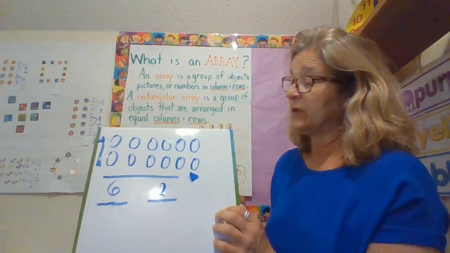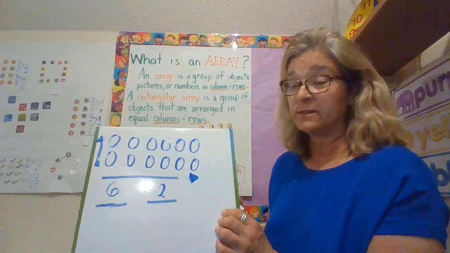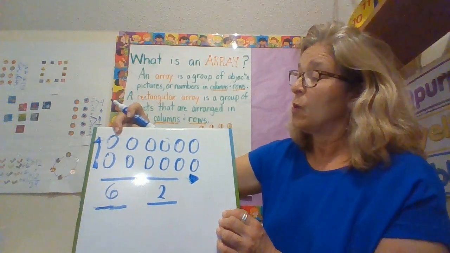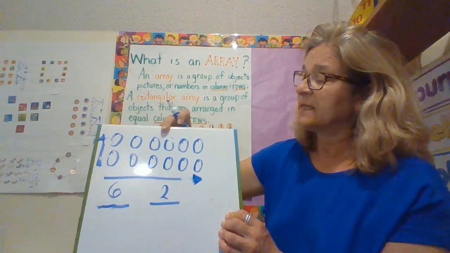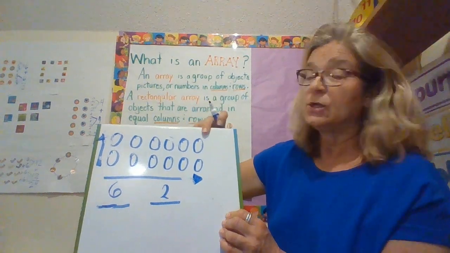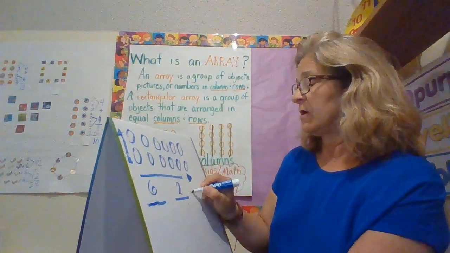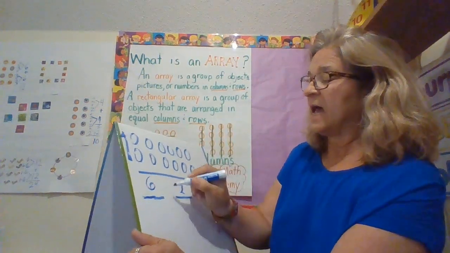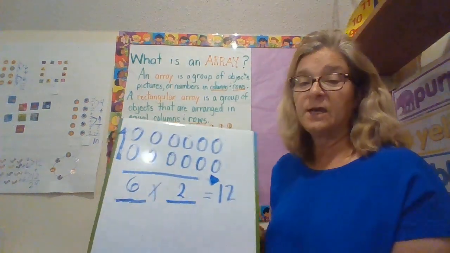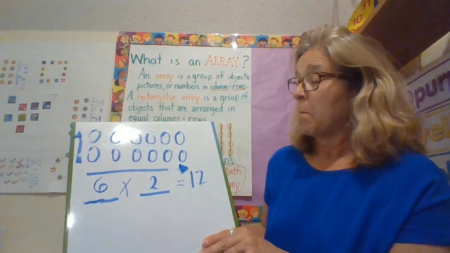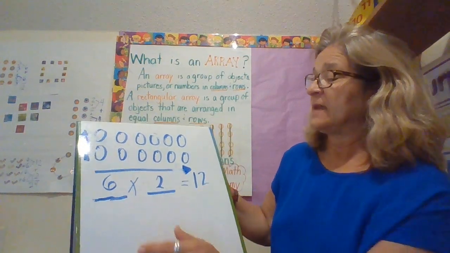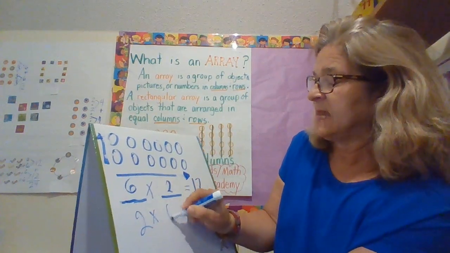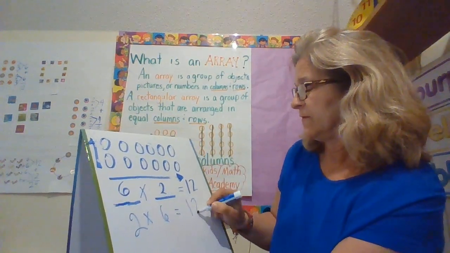Now, we're going to see how many circles there are altogether, and we can do that by counting by 2s. 2, 4, 6, 8, 10, 12. So there are 12 objects. 6 times 2 equals 12. And also, if we look at it the other way, we would have 2 times 6 equals 12.